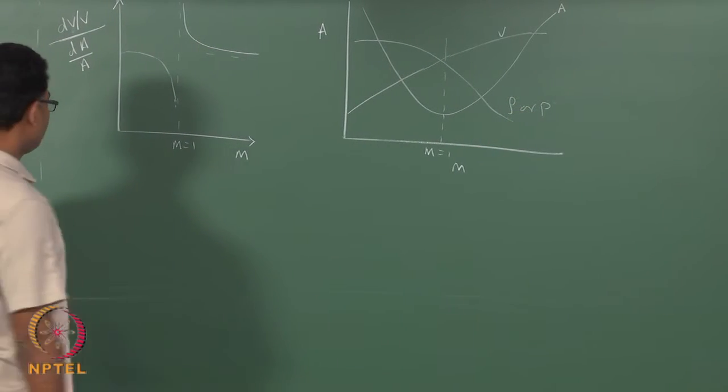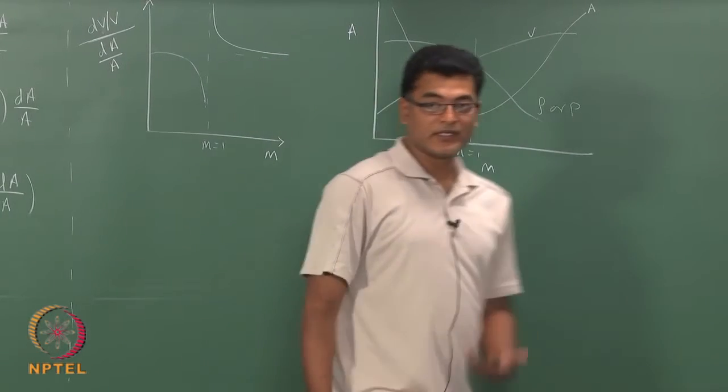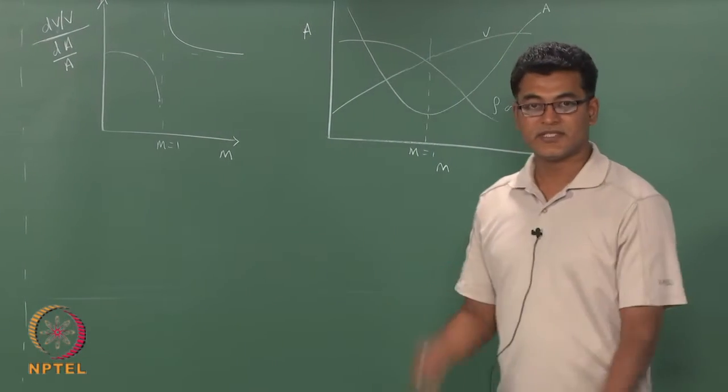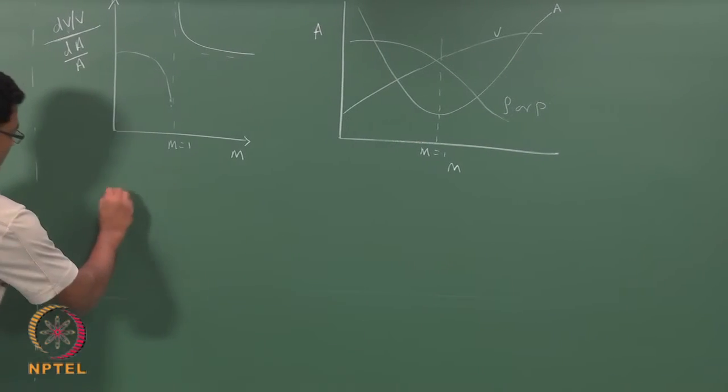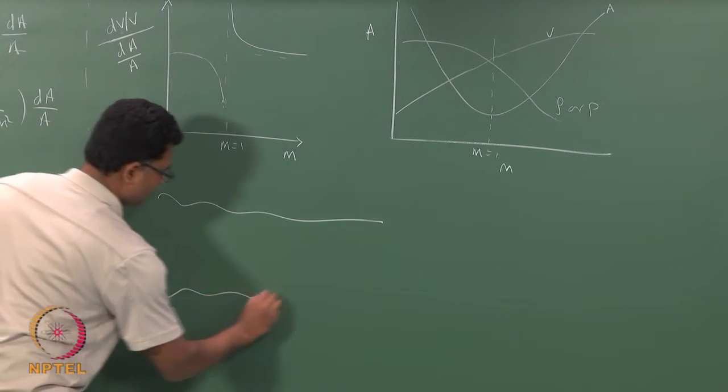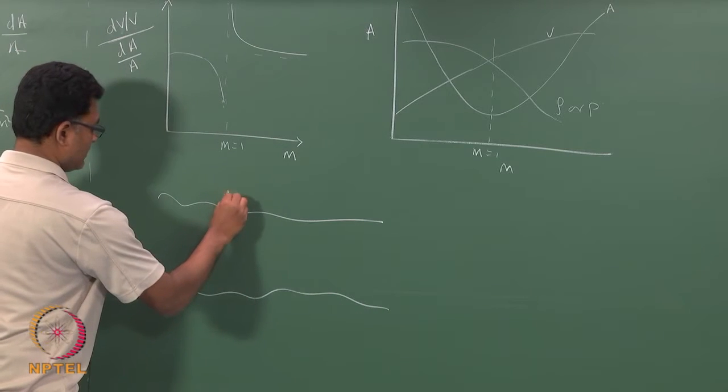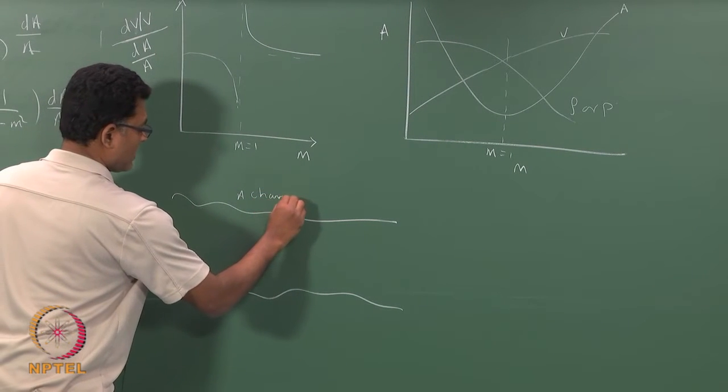Okay. So, we will use this information, whatever we have learned in the other class, to evaluate the changes in area. So, this happens for some arbitrarily shaped body whose area is changing.